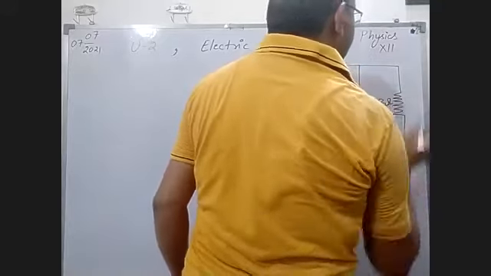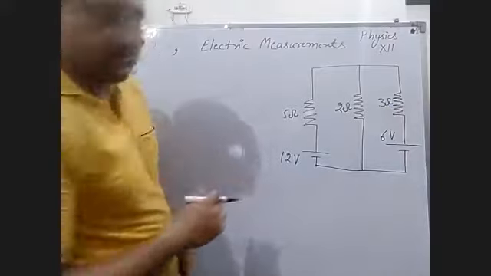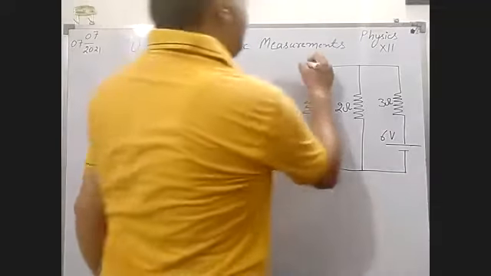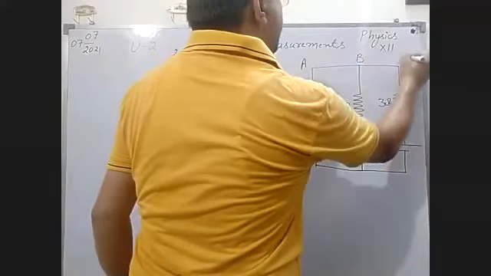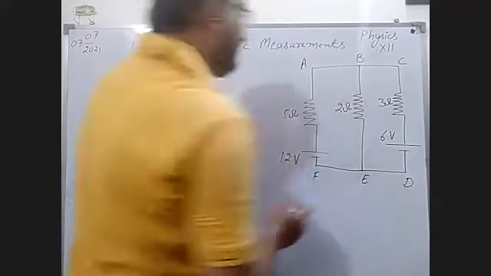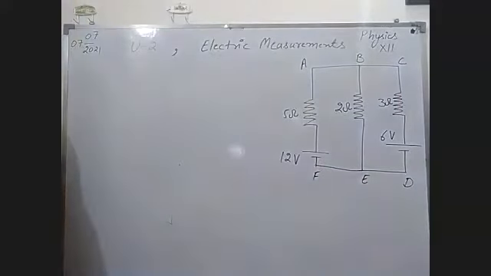This value is 3 ohm. This is a circuit A, B, C, D, E. This is a network, electrical network.